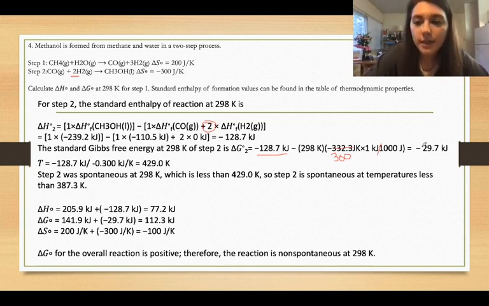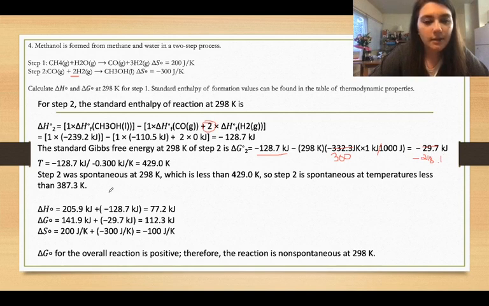Negative 200. Write this out. Negative 218.1. And therefore I know that negative 218 is going to be spontaneous, because this means that the Gibbs is negative, and therefore the reaction is spontaneous.